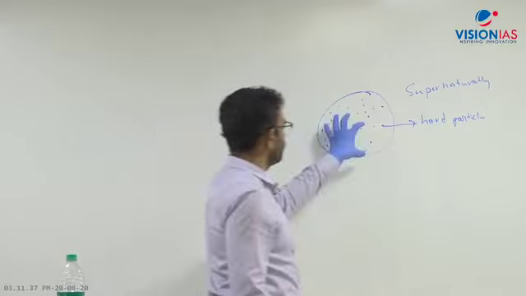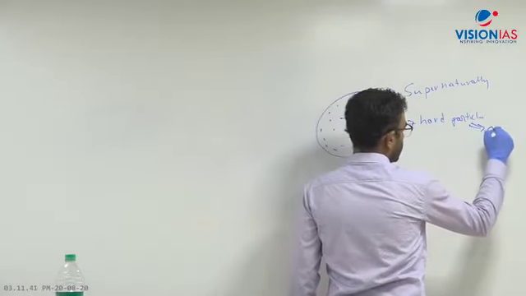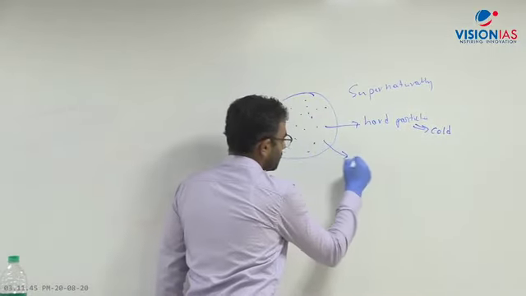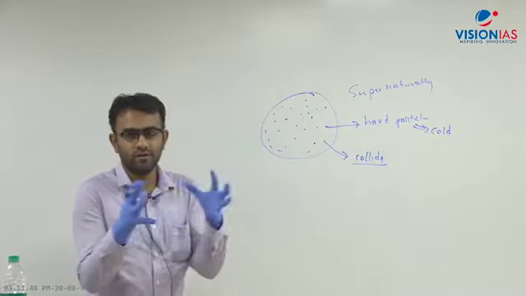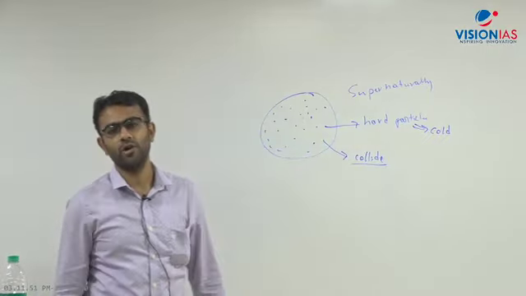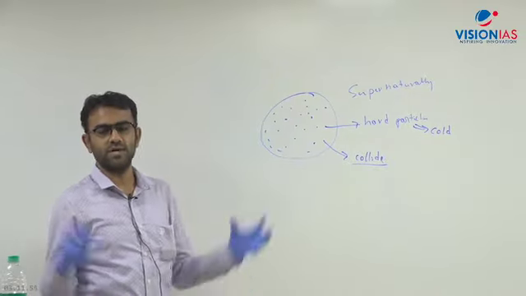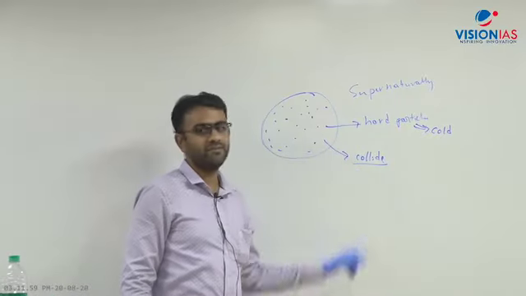There were some supernaturally created hard particles which were very, very cold, and these hard particles started to collide with each other. Why would they collide? They started to collide with each other because of the gravitational pull. We know about gravity. Wherever there are two different masses, they pull towards each other and start to collide. In the same way they started to collide with each other.